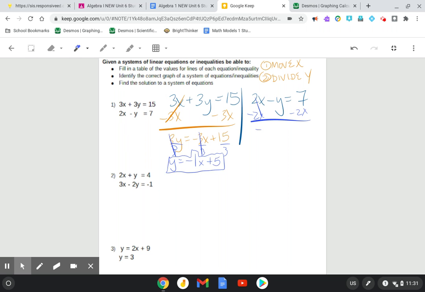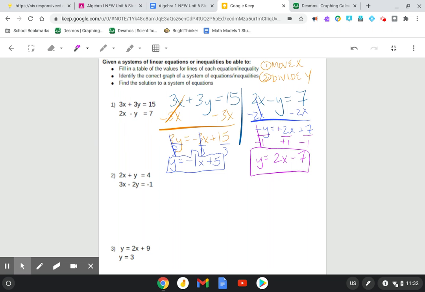That cancels, leaving me with negative y equals negative 2x plus 7. And then I divide both sides by negative 1 to get rid of the negative on the y. That cancels, giving me y equals 2x minus 7. If you need to work out each portion individually, like 7 divided by negative 1, that's fine as well.